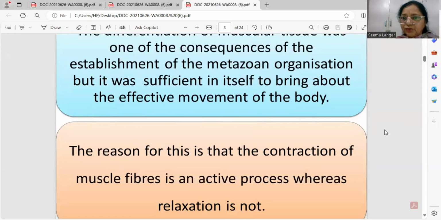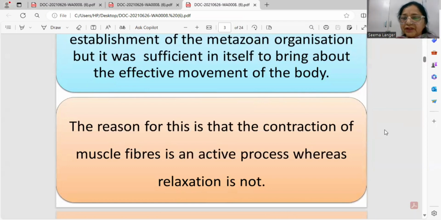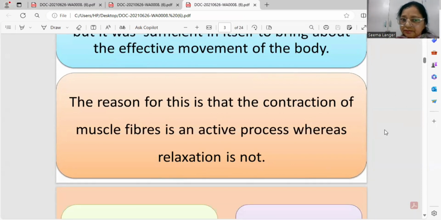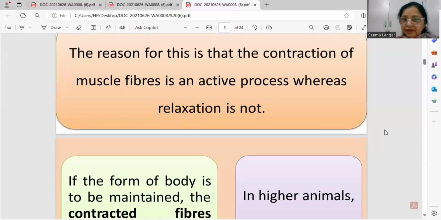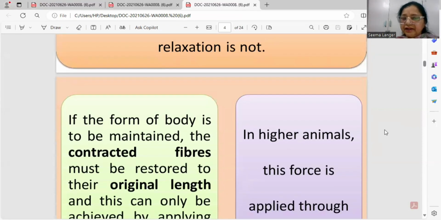Because muscles on their own cannot work. They require a skeleton for support. The reason for this is that the contraction of muscle fiber is an active process, which requires energy, whereas relaxation is not. If the muscles have contracted, that means the body changes its shape.